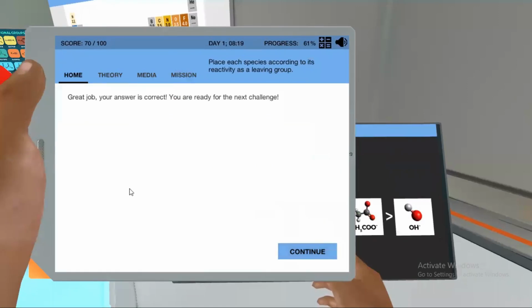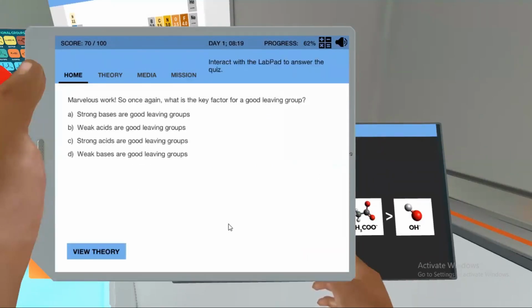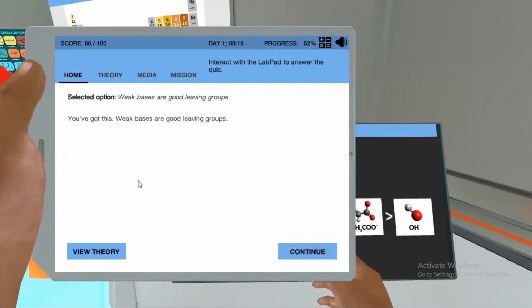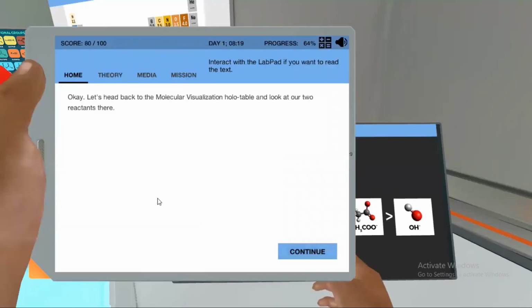Great job, your answer is correct. You are ready for the next challenge. Marvelous work. So once again, what is the key factor for a good leaving group? You've got this. Weak bases are good leaving groups. Okay, let's head back to the molecular visualization hollow table and look at our 2 reactants there.